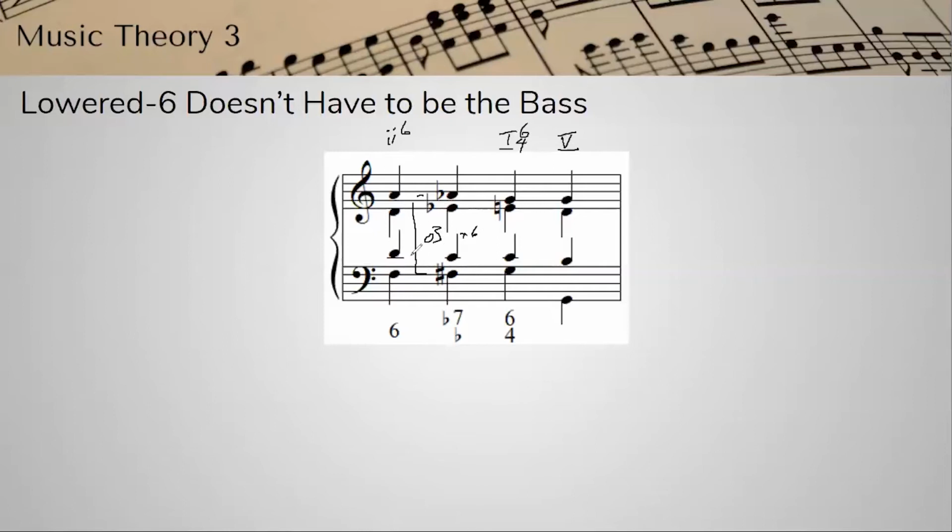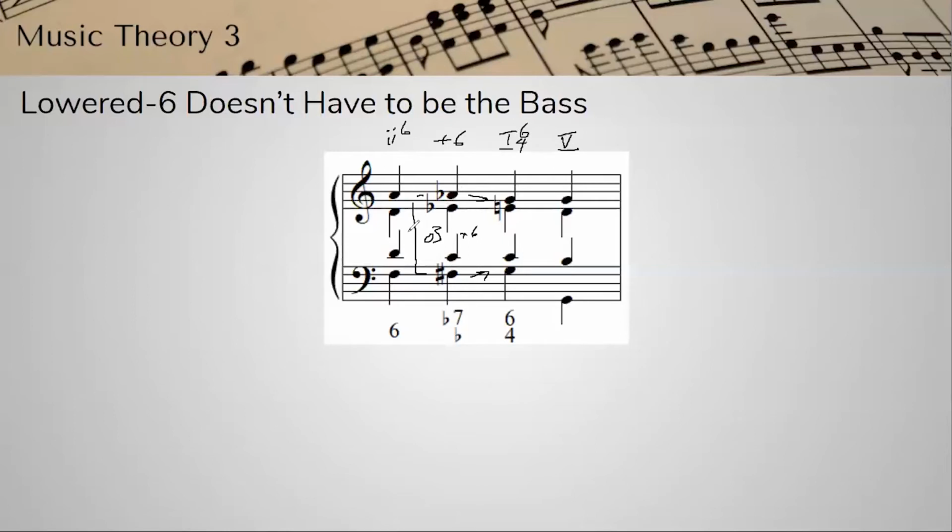And our lowered sixth scale degree is not on the bottom of the chord anymore. But you can see, right, F sharp is the raised fourth, so that leads up to the G like it should, and that flat sixth still leads down to the G like we expected to. So this is where our augmented sixth chord is, and it's just not used in a normal way because the A flat, the lowered sixth scale degree, is not in the bass this time.